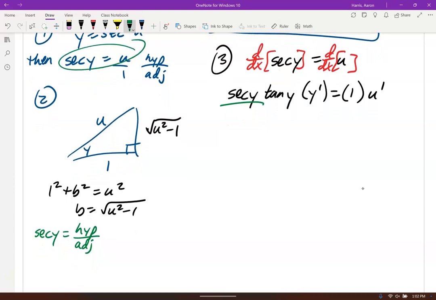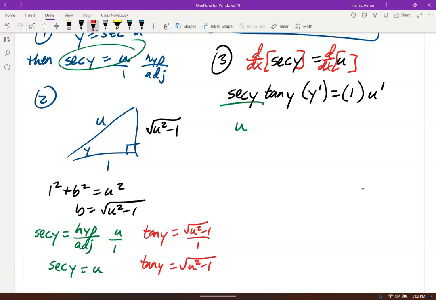So secant of y is u, and I'm going to replace that with u. Tangent of y, again looking at my right triangle, is opposite over adjacent, so square root of u squared minus 1 over 1. So the tangent of y is the square root of u squared minus 1.